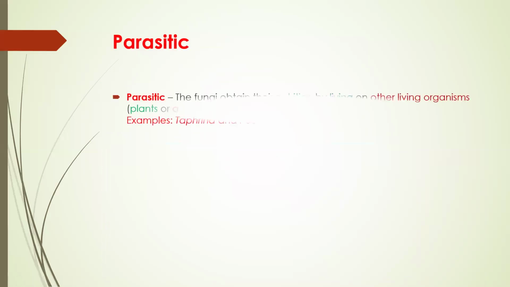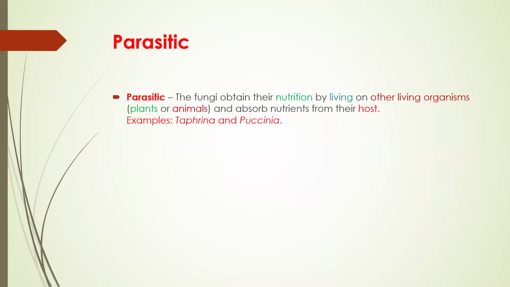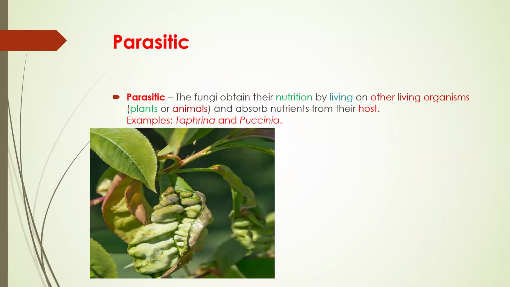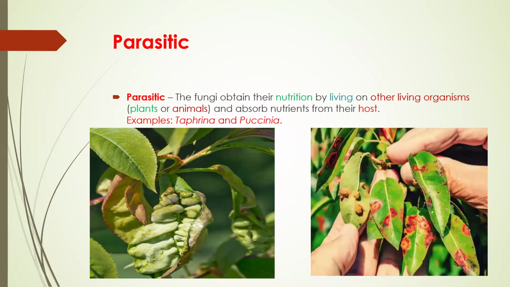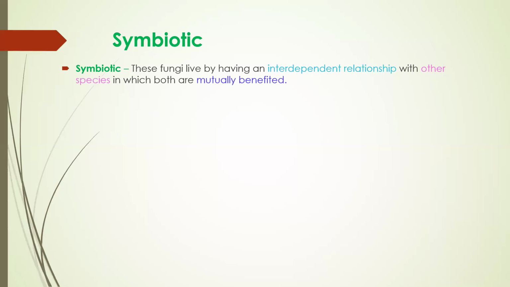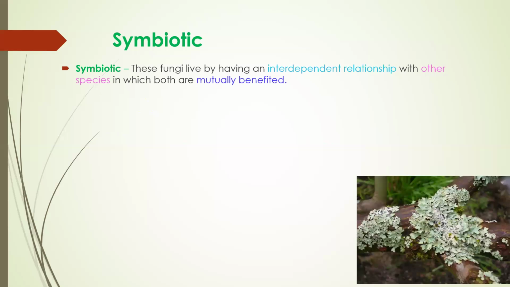Next, parasitic fungi. The fungi obtain nutrition by living on other living organisms. That is called parasitic fungi. Examples: Taphrina and Puccinia. Third one is symbiotic fungi. These fungi live by having an interdependent relationship with other species in which both are mutually benefited.